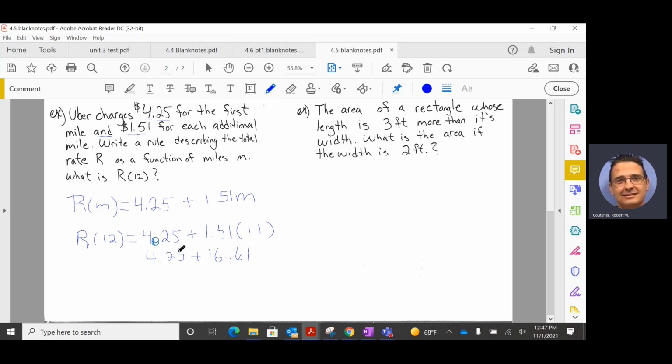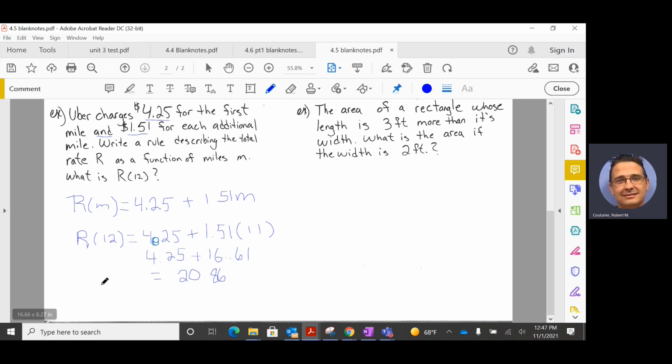Now we add to that the $4.25 for that first mile. And our Uber trip is going to cost us $20.86. Sneaky, sneaky on this one, right?